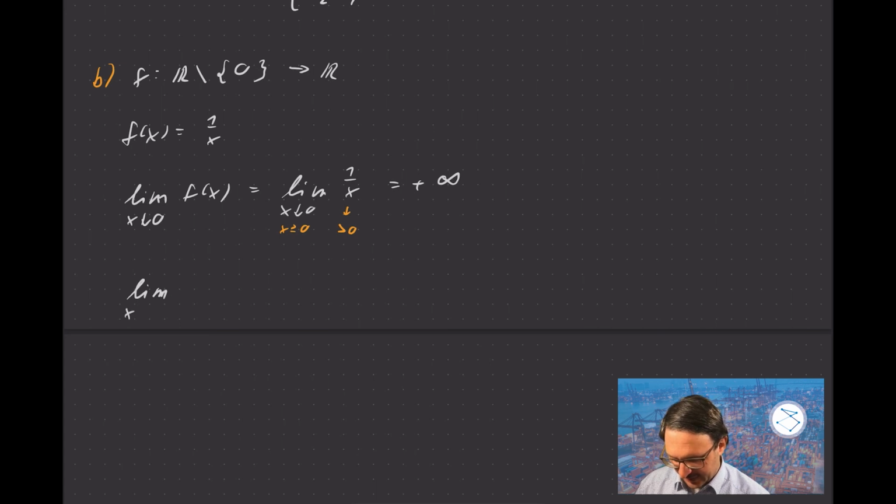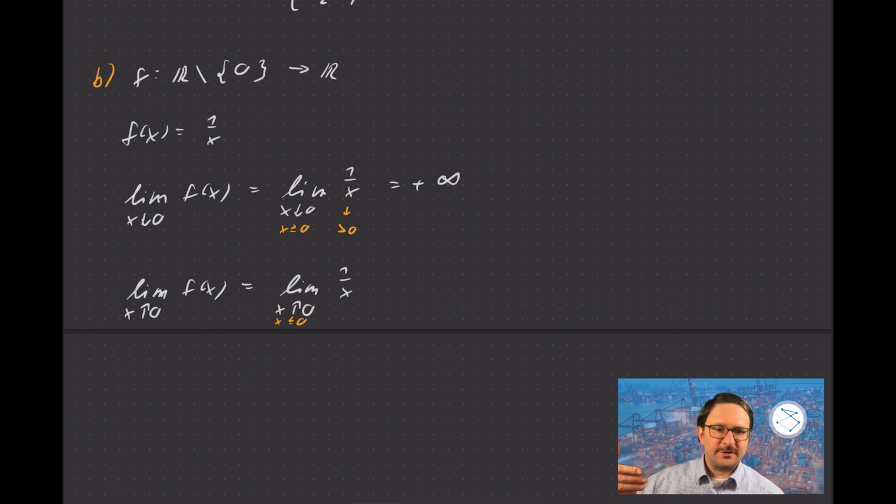We already know that, but just for the sake of completeness, let's also have a look at the limit as x approaches 0 from below. Now in this case, x is less or equal to 0 because it is approaching 0 from below. And that means this expression here is always negative.